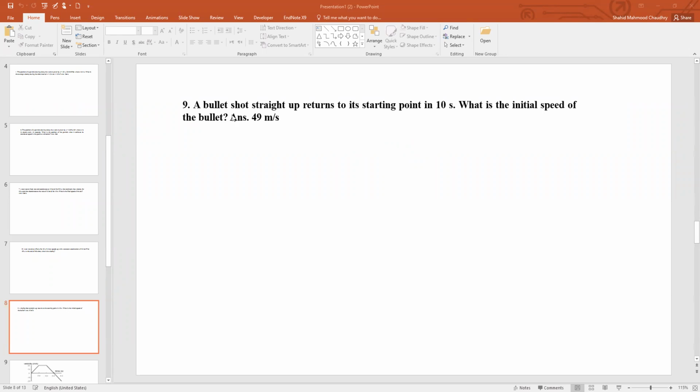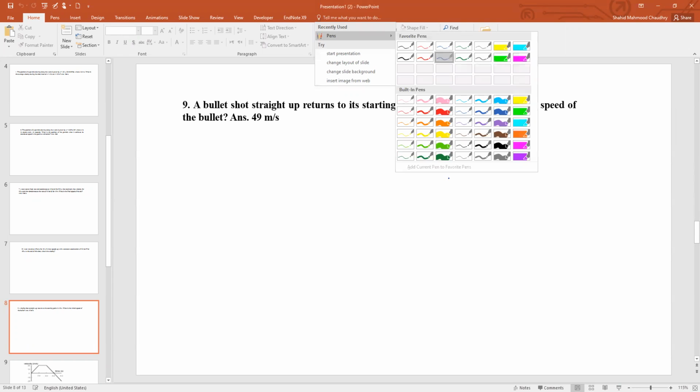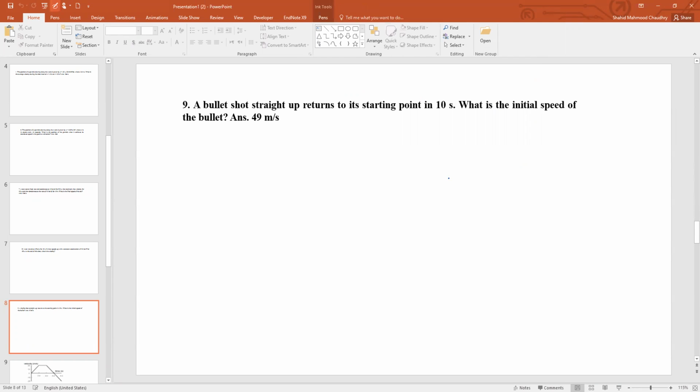And this is also a problem: a bullet shot straight up returns to its starting point in 10 seconds. What is the initial speed of the bullet? You know that we have already studied some formulas to solve the problems of free fall motion. In this problem, this is the bullet going up in 10 seconds, and you want to find VI.